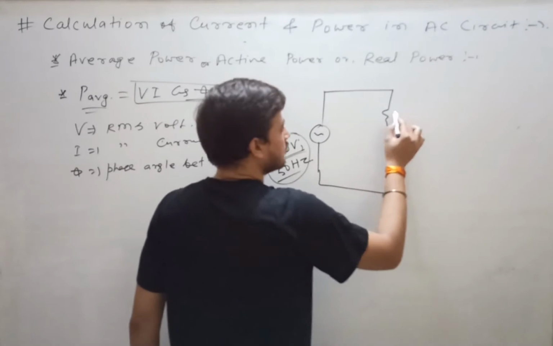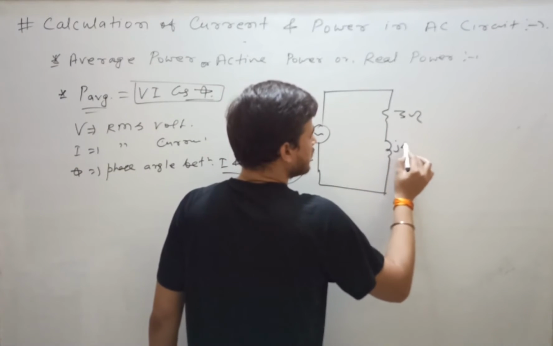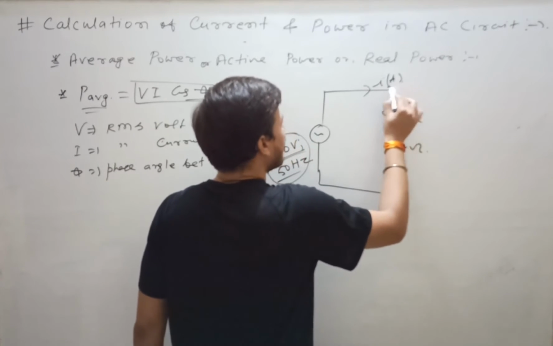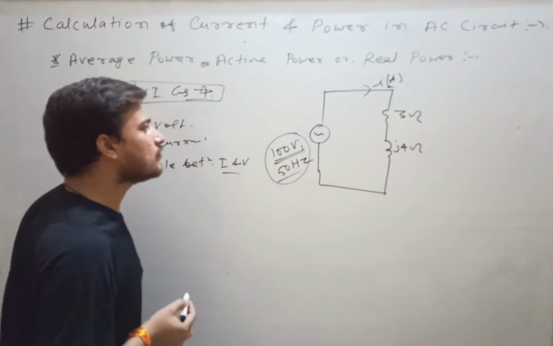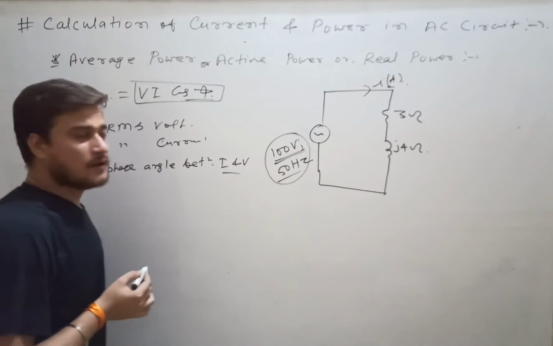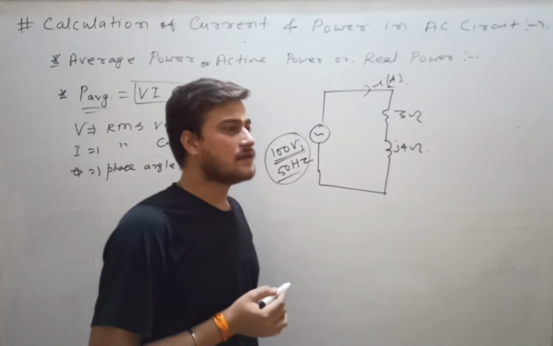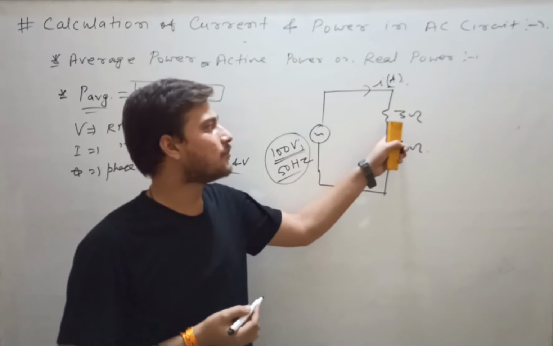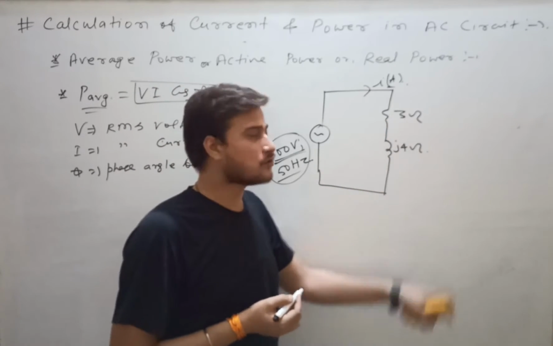Here it is 3 ohm, here it is j4 ohm, and this is current I. They are asking you to find the real power delivered by the source or the real power consumed by this resistor. So both will be the same.